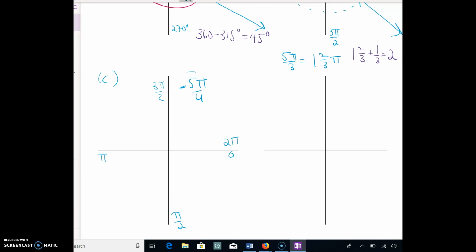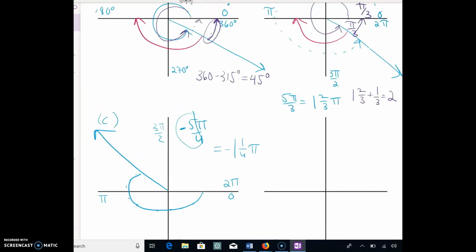Negative 5 pi over 4 is an improper fraction, so I'm going to write it as a mixed number. That's the same thing as saying negative 1 1/4 pi's. So we're going to start over here and travel 1 pi in a clockwise direction, and then 1/4 more in a clockwise direction, which takes us over to quadrant 2.